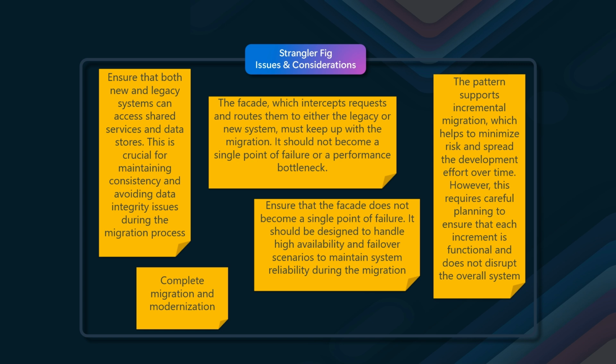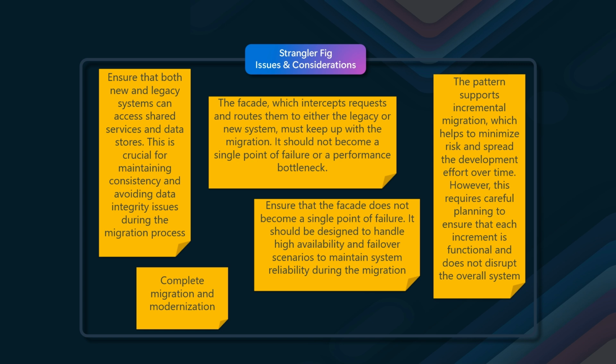Proper management and monitoring of the facade are essential to ensure smooth operation. Incremental migration: this pattern supports incremental migration, which helps to minimize risks and spread the development effort over time. However, this requires careful planning to ensure that each increment is functional and does not disrupt the overall system.